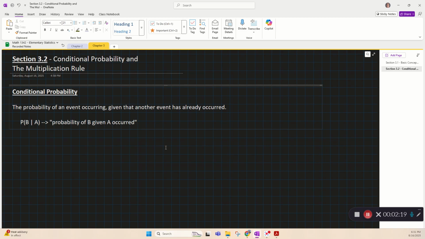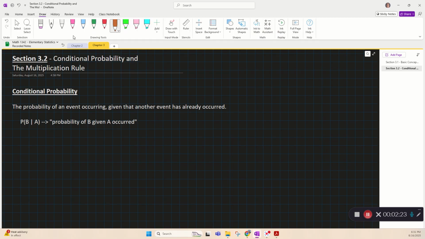And we do have a formula for that. We can say that the probability of B given A is equal to the probability that both A and B occur divided by the probability of A.